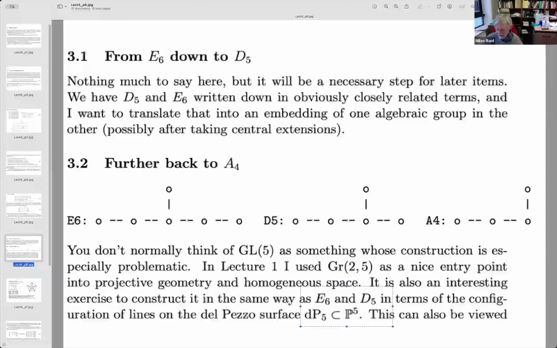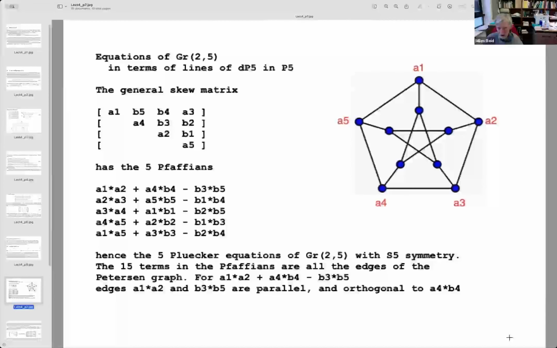So this is a really beautiful exercise. Gr(2,5): I told you one treatment of it in the first lecture, this 2x5 matrix, and it has this 5-fold symmetry.